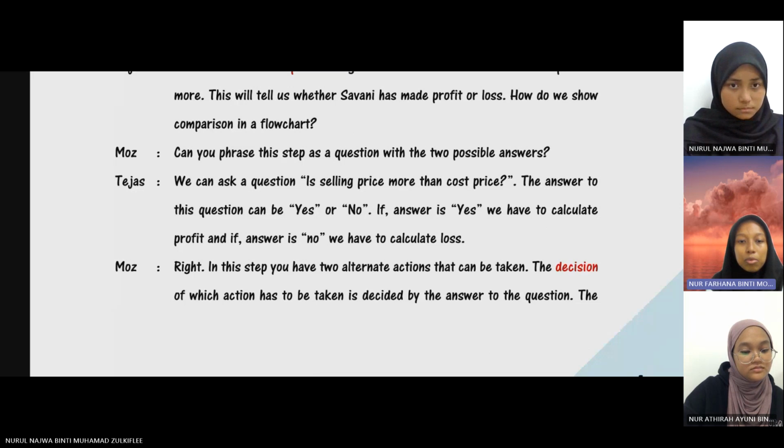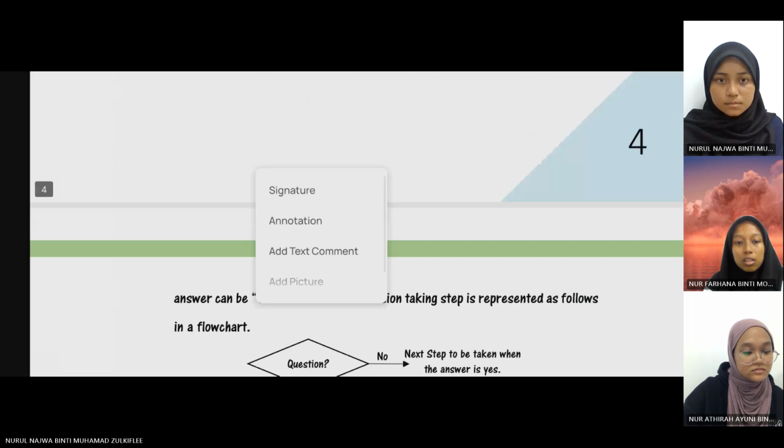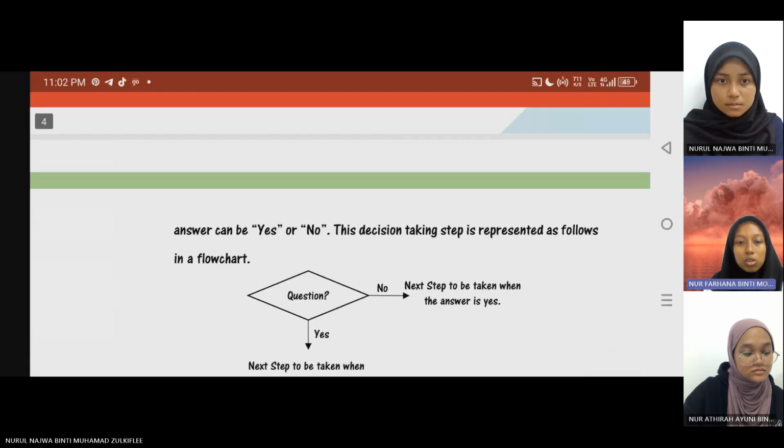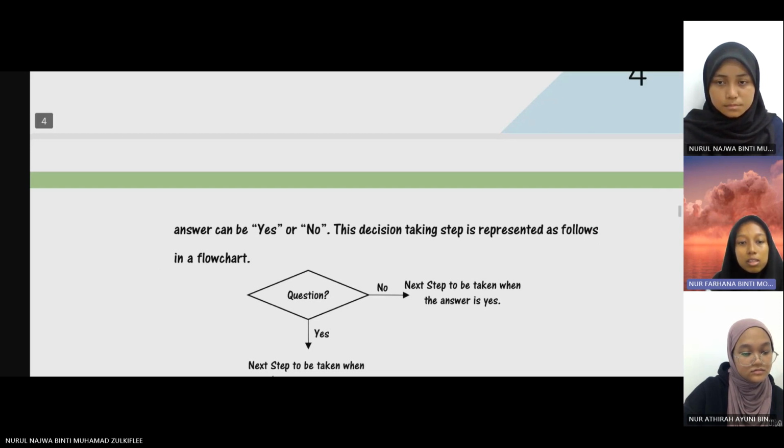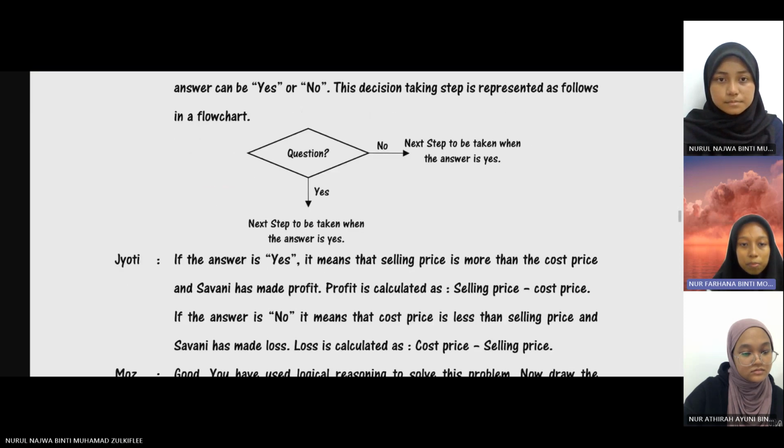Right. In this step, you have alternate actions that can be taken. The decision of which action has to be taken is decided by the answer to the question. The answer can be yes or no. This decision-taking step is represented as follows in a flowchart. And this is the example of the decision.